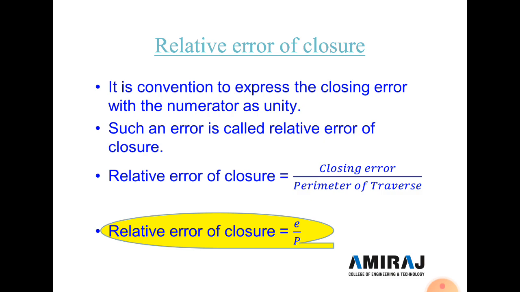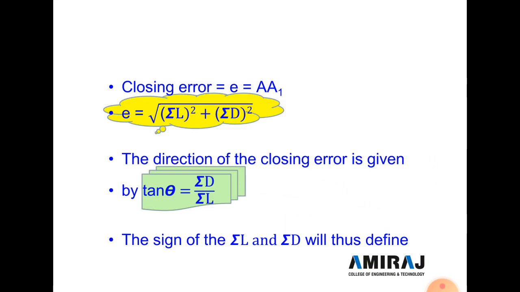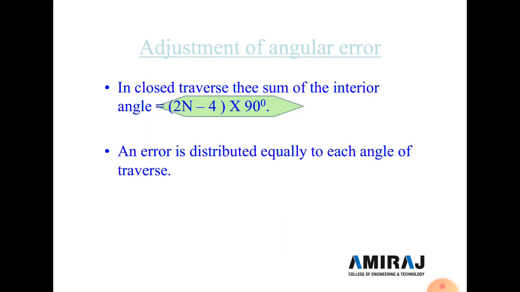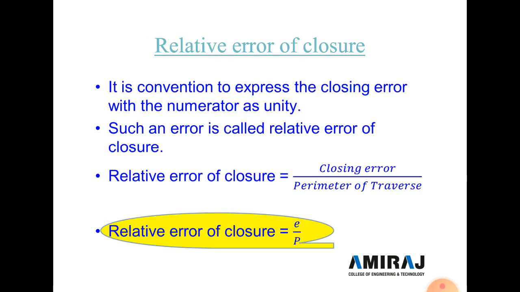Such an error is called the relative error of closure, and it is the closing error divided by the perimeter of the traverse. In short form, the closing error E, already discussed in the last slide, is the square root of the sum of latitude squared plus sum of departure squared, and the perimeter is capital P. So the relative error of closure is E by P.